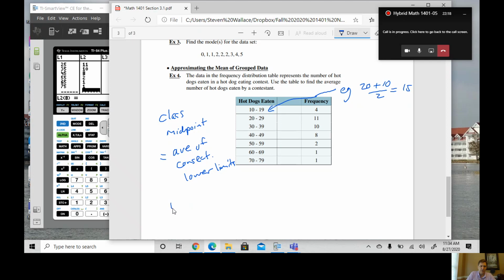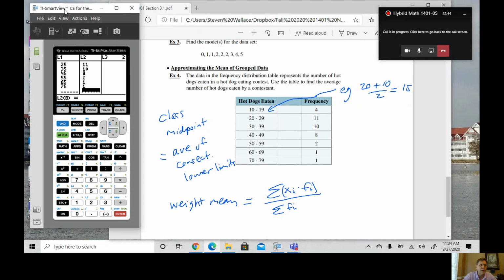So a weighted average or weighted mean is the sum of the data values times their frequency, all divided by the total frequency, or the sum of the frequencies, right? In other words, we're not counting the data value 25 once in my average. I'm counting it 11 times, right? Because 25 has a frequency of 11. That's all this is saying, all right?